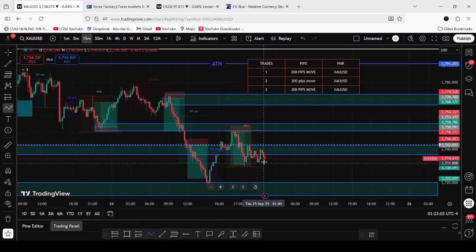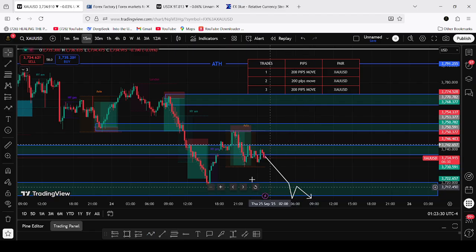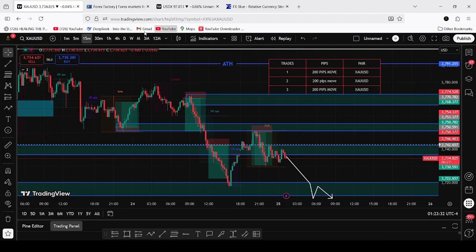The market might come this way, touch this zone, we see an upside, or it might fail to come up again, it goes down. So when it falls below this order block, you just have a look at it, then you wait for a retest, then you sell. That's how I'm aligning myself on this.